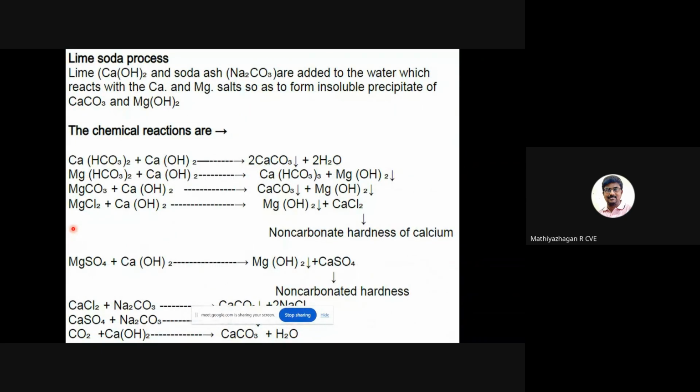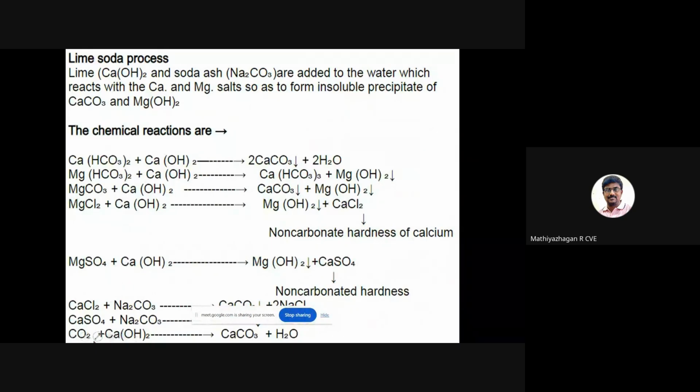First we see the lime soda process. For the temporary as well as the permanent hardness, first we add the lime. All the temporary hardness is converted into calcium carbonate precipitate, but some of the magnesium permanent hardness is converted into non-carbonate calcium hardness.